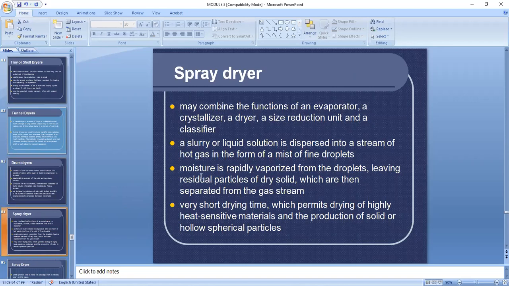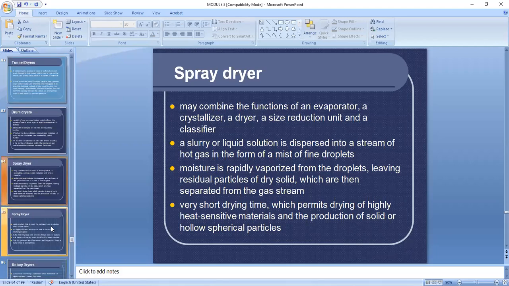Moisture here is rapidly vaporized from the droplets, leaving residual particles of dry solids, which are then separated from the gas stream. In here, you have very short drying time, which permits drying of highly heat-sensitive materials. So take note of the specialized application and the production of solid or hollow spherical particles. That's in the case of the spray dryer.